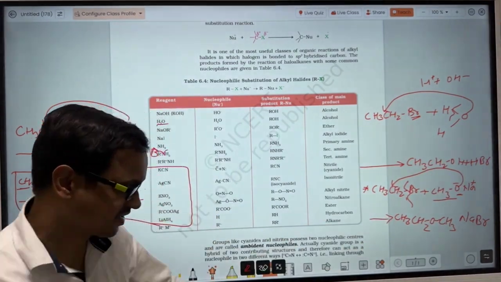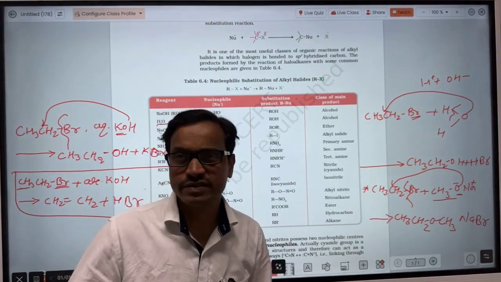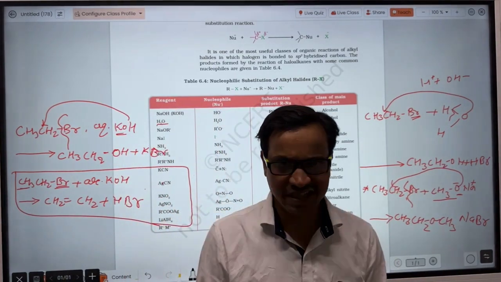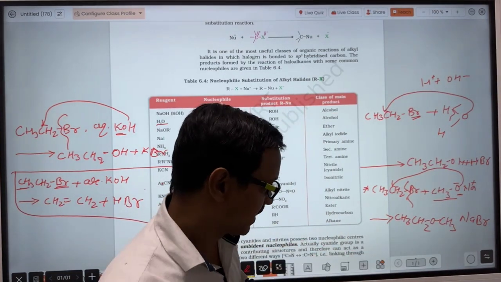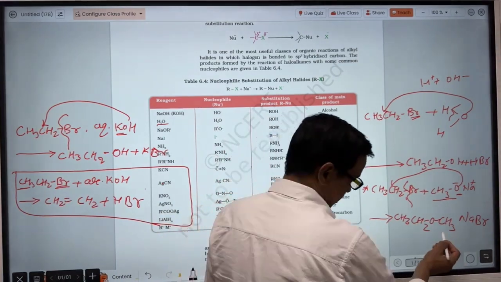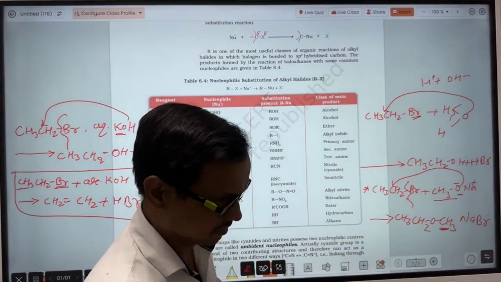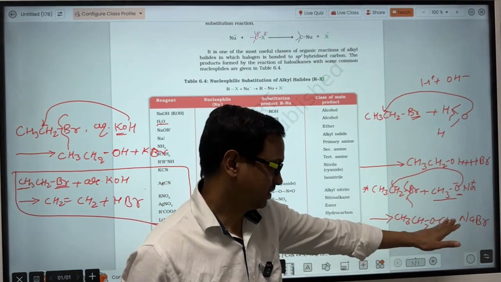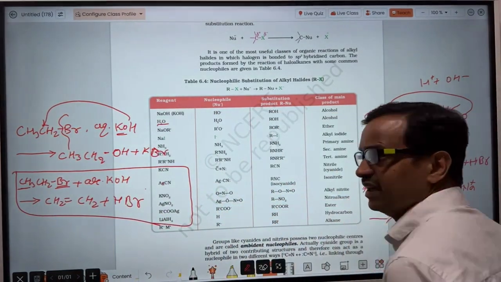How to write its IUPAC name? It's an ether. One side alkyl, another side alkyl. That means on the two sides of oxygen there is an alkyl part, and that will be called ether. How to write the IUPAC name? For the chain of smaller length we write oxide, so that will be called methoxide.